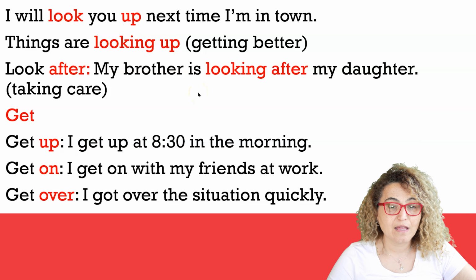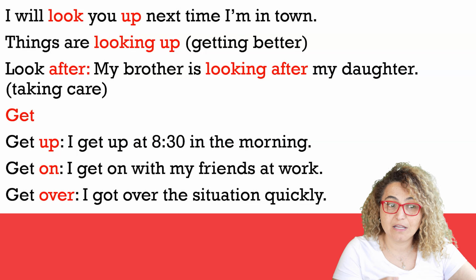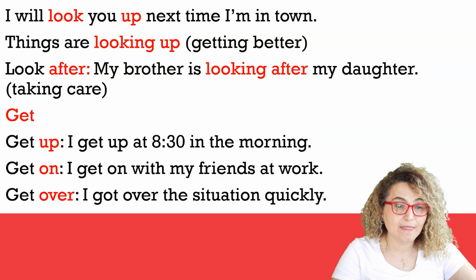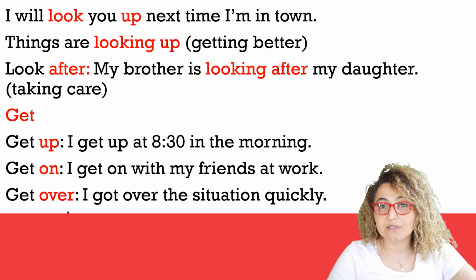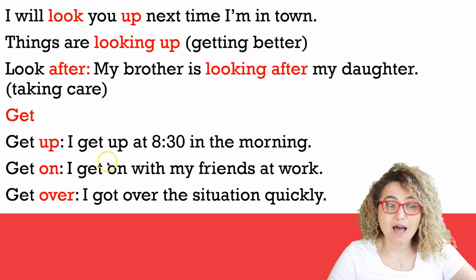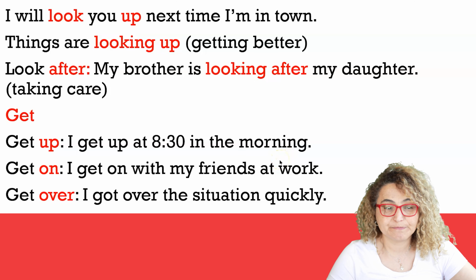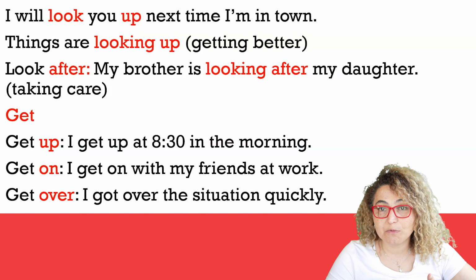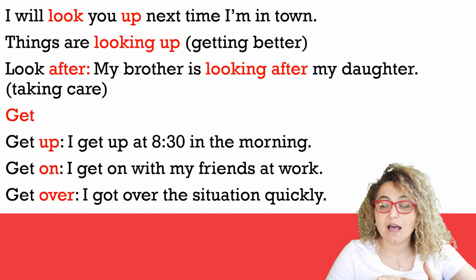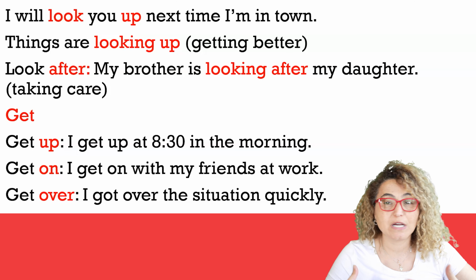Okay? Now, get. To get something. If I use up, on, or over, it changes the meaning. So, I get up at 8:30 in the morning. You know, when you wake up, you get up. I get on with my friends at work. That means we don't fight. We are always on the same page. We understand each other.